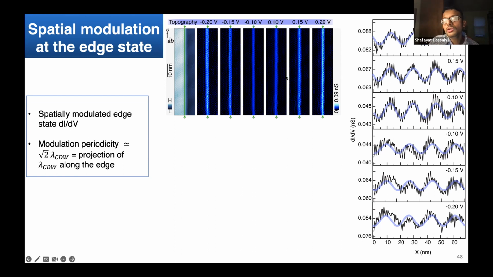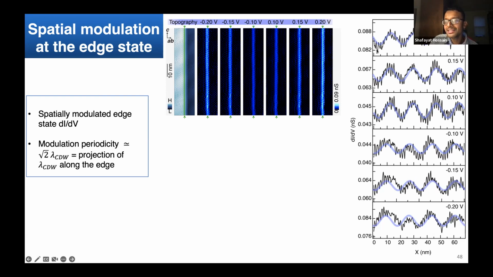But if we look closely and plot the line spectra along this green line as a function of position, we see that indeed there is a sinusoidal oscillation. The small peaks correspond to the atoms, but there is a long wavelength oscillation superimposed on it.